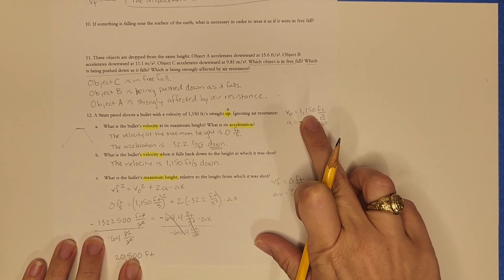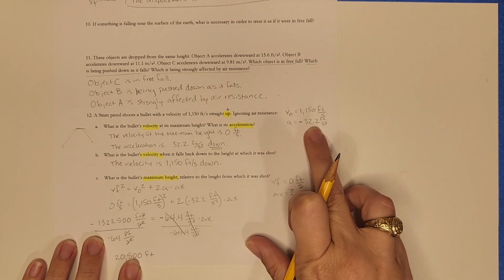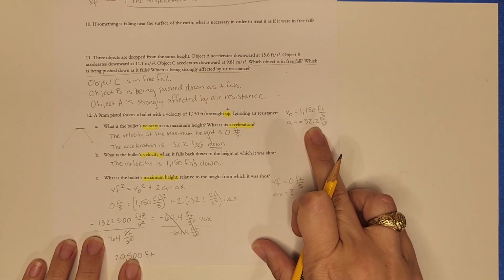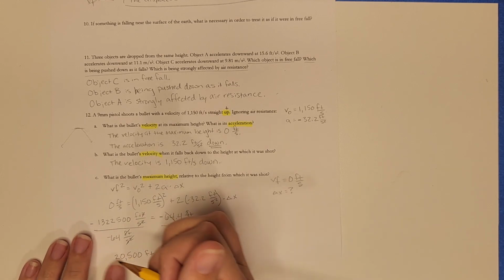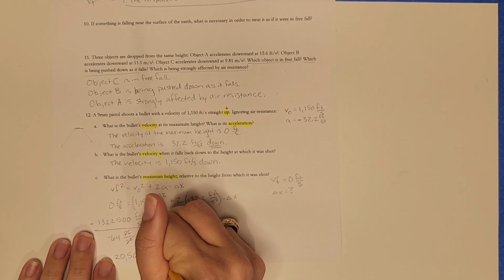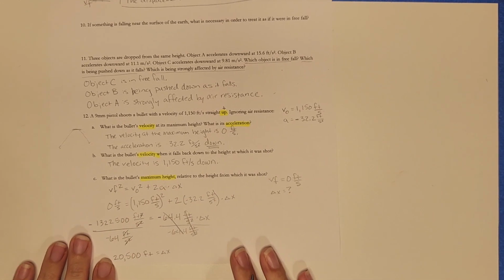So I should have 3 significant figures here. I have 3 with 1,150 feet. I have 3 with negative 32.2 feet. And then this is 0. So, okay, equals delta x.